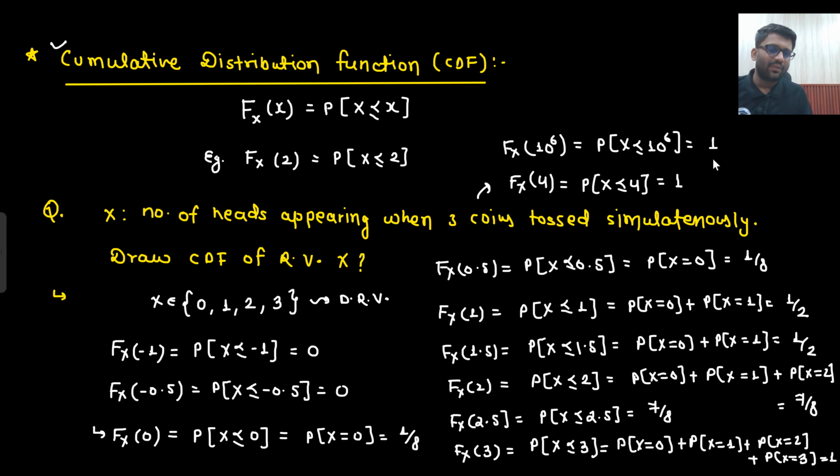So starting with 0, it goes till 1. So what kind of graph are we getting? Initially 0, 0, 0 only. Suddenly at 0 you get 1 by 8. So let's draw the graph.